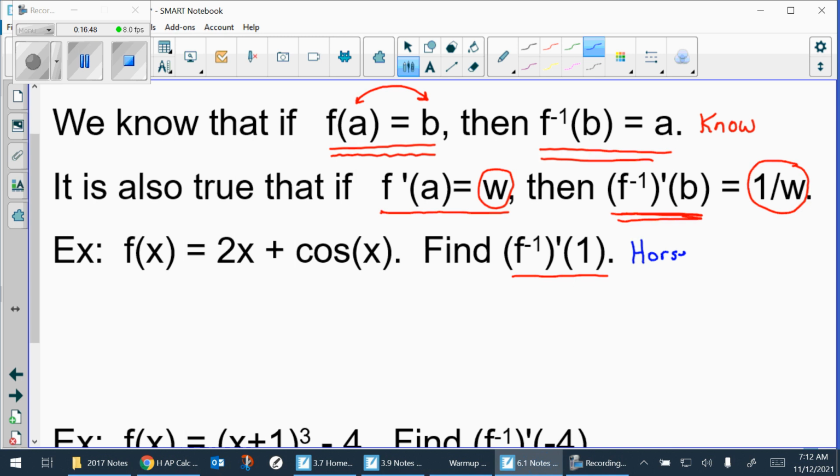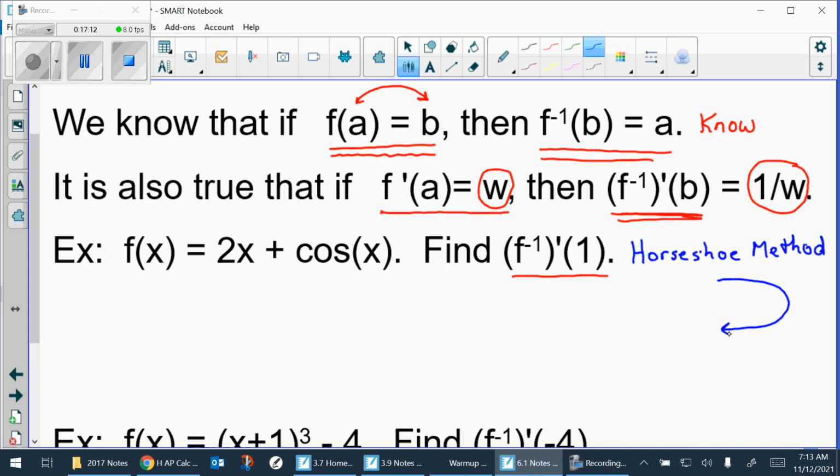Let's see how my spelling is here. It looks a little better. It's called the horseshoe method because it starts in one place and it ends at your final answer right down here.